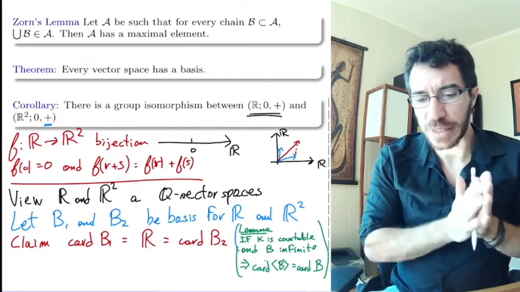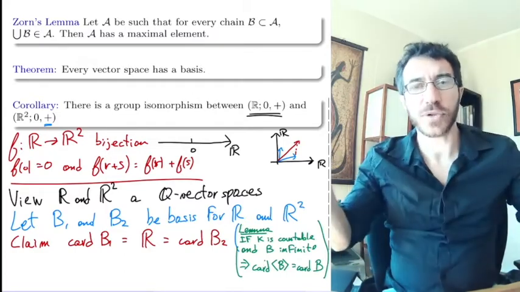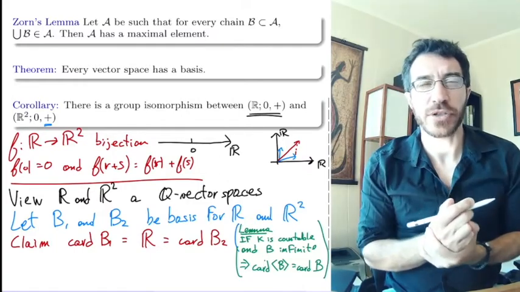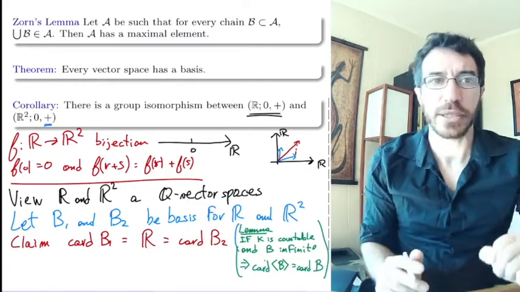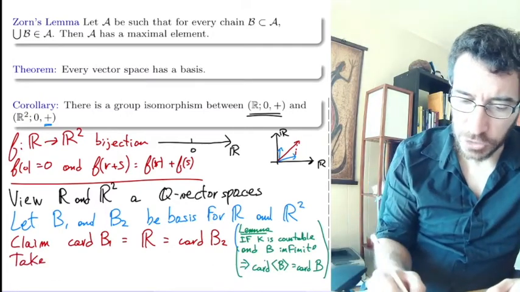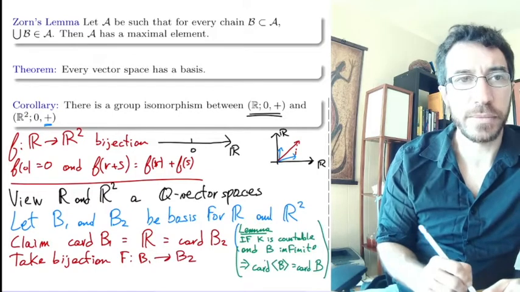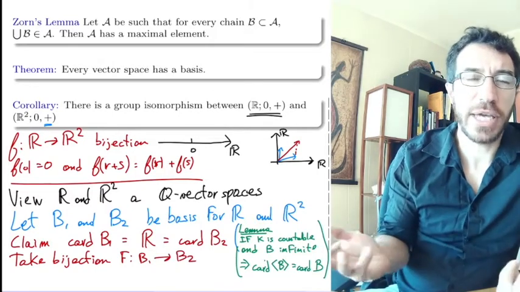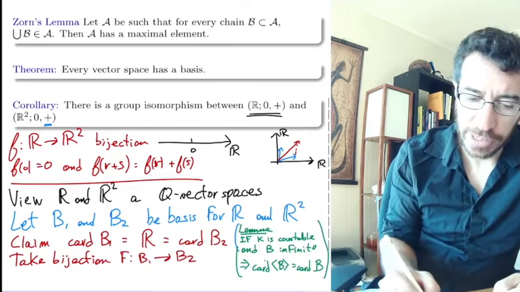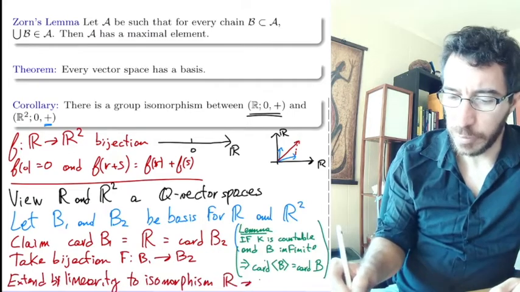But okay, you can kind of believe that the basis that we need for R and R squared as vector spaces over the rationals has to have the continuum size. So once they have the same size, we take a bijection f from B1 to B2, any bijection, they are equinumerous, and then extend by linearity to an isomorphism from R to R squared.